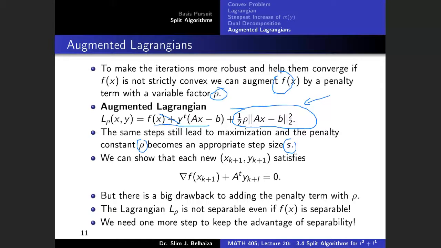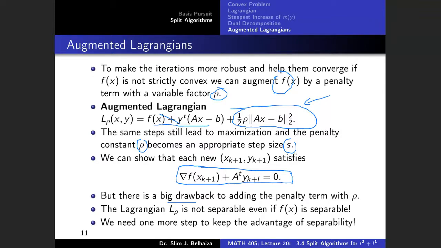But we can show that each new x_{k+1}, y_{k+1} satisfies the condition that the derivative of L is equal to 0.